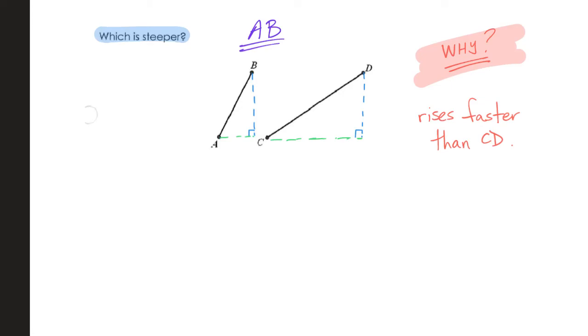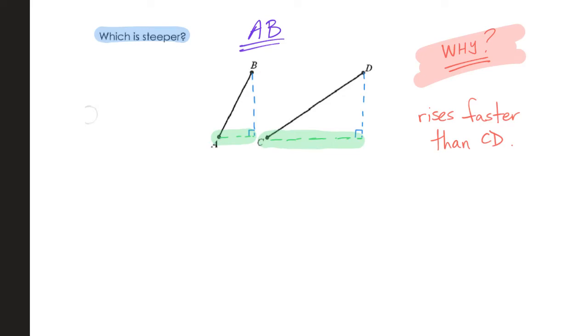If both of those blue lines are the same length, then look how long it took for CD to rise to that height versus AB.